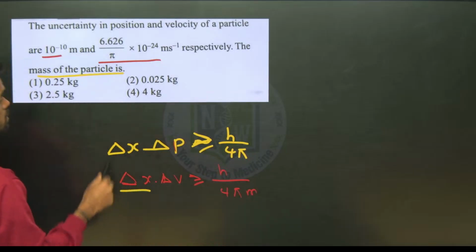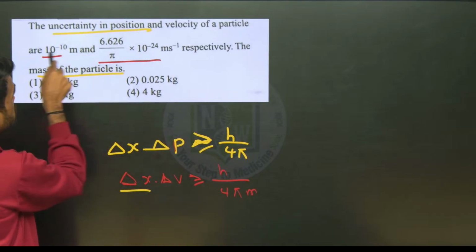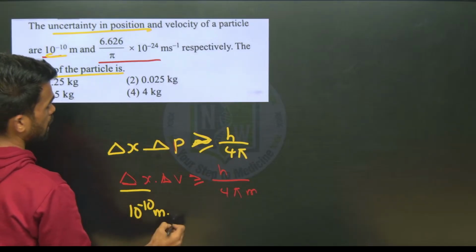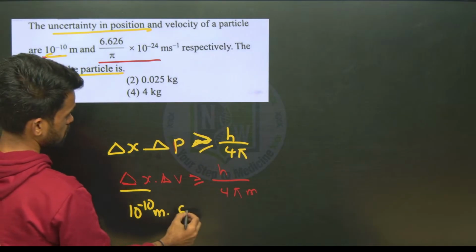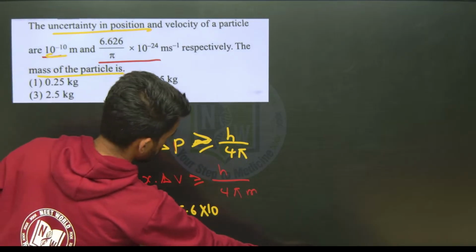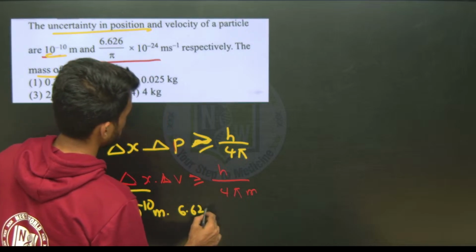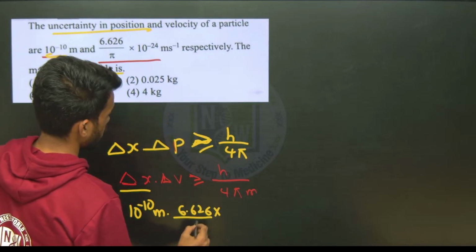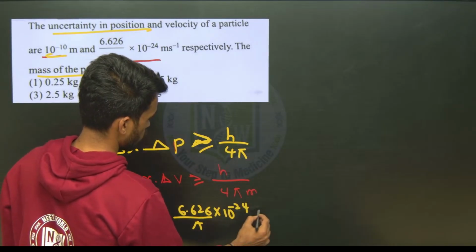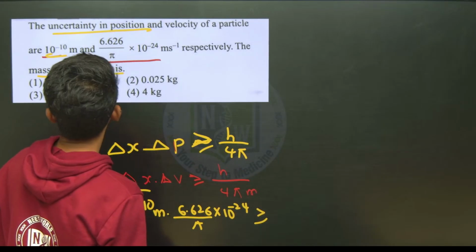The uncertainty in position is 10 power minus 10 meters, and the uncertainty in velocity is 6.626 into 10 by pi into 10 power minus 24.